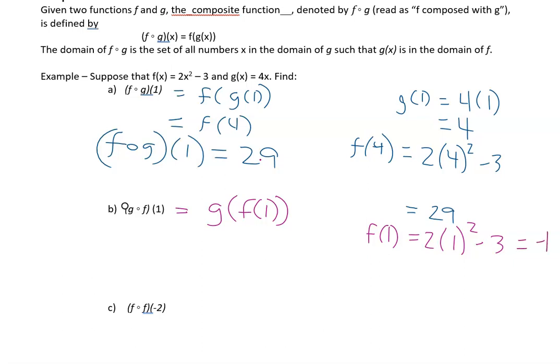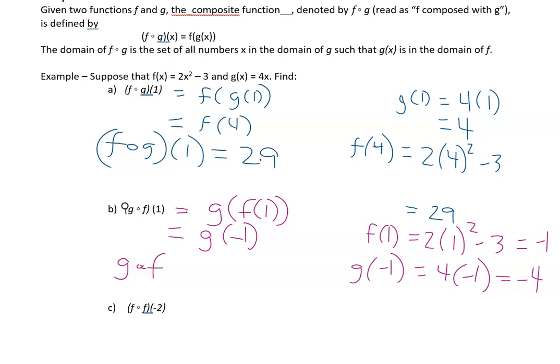So f of 1 equals negative 1, so we're finding g of negative 1. So 4 times negative 1 is negative 4. So f composed with g of 1 was 29, but g composed with f of 1 is actually equal to negative 4.